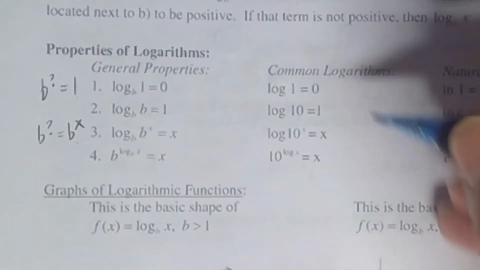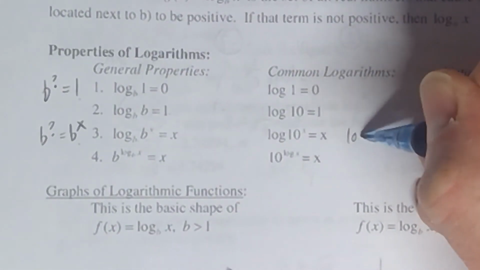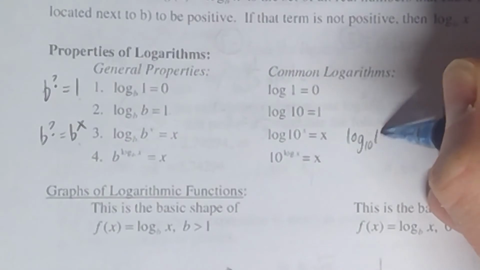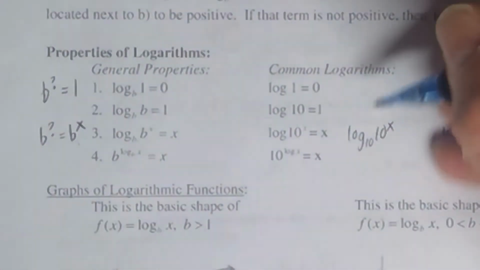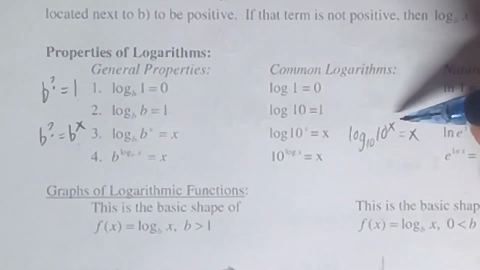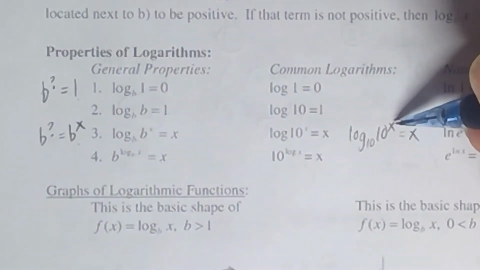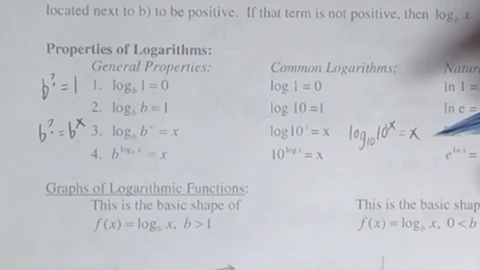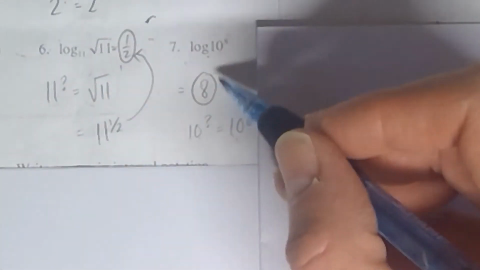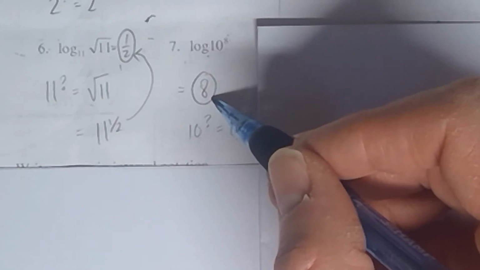You can look at the property over here: log base b of b to the x is equal to x. And so whatever the exponent is on that second 10, that would be your answer. So since it is 10 to the 8th, it's 8.